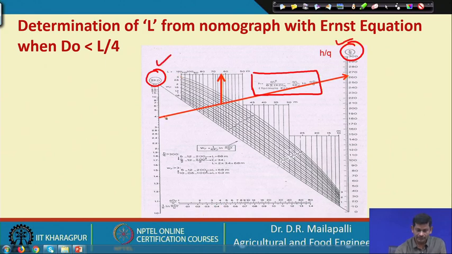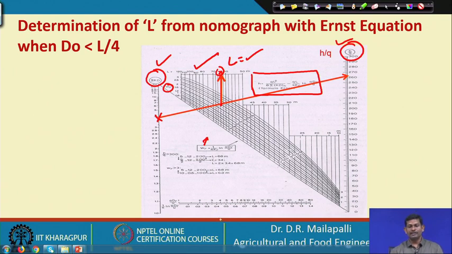Knowing these two, you draw a line combining them, and these are all the W r lines, where W r is 1 by pi k r into ln of A d r by mu. After finding W r, you project it onto this sub axis line, and that will give the L value.